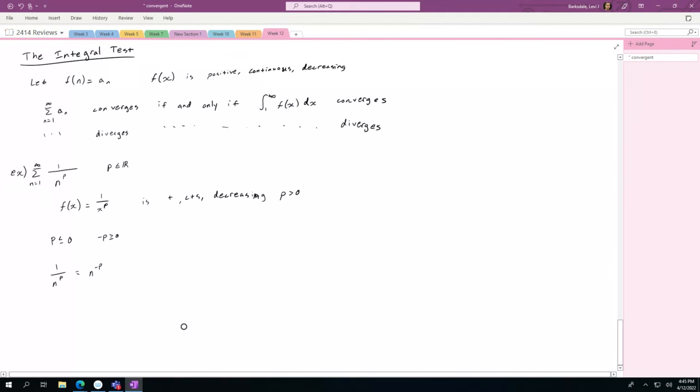Right? So this is n to something greater than 0, and as n goes to infinity, this goes to infinity as well, right? So if p is smaller than or equal to 0, it fails the nth term test, right? We diverge by the nth term test.